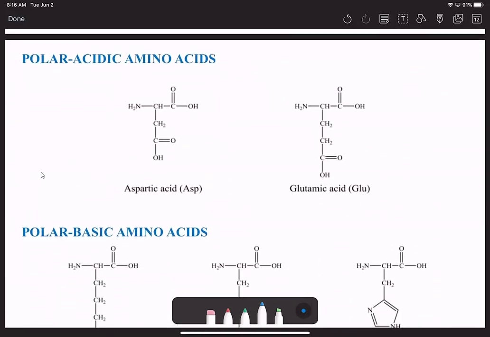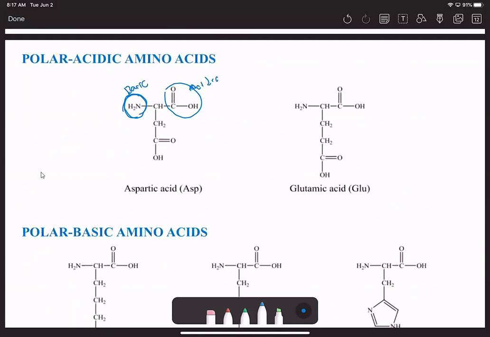So here are some polar acidic amino acids. Now, carboxylic acid is acidic, so let me circle these two here. Here's my carboxylic acid, and this is acidic. And if we remember from organic chemistry, our amine groups are basic. So this is acidic, and this is basic.